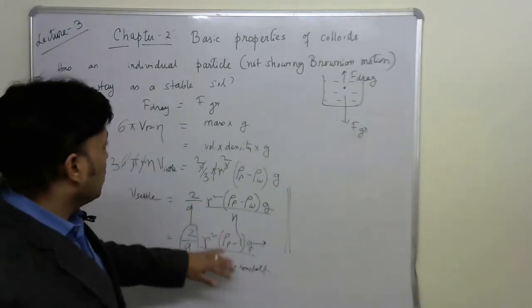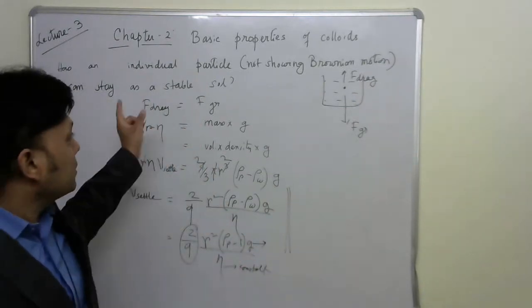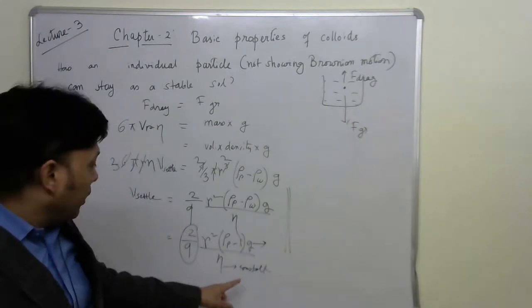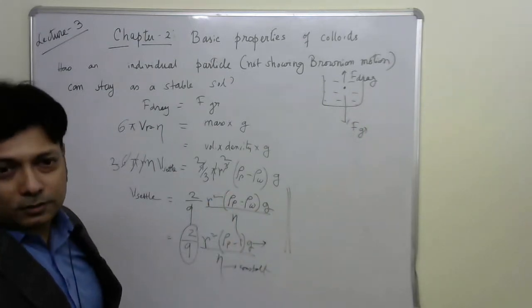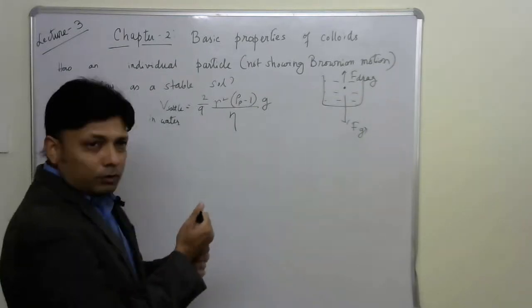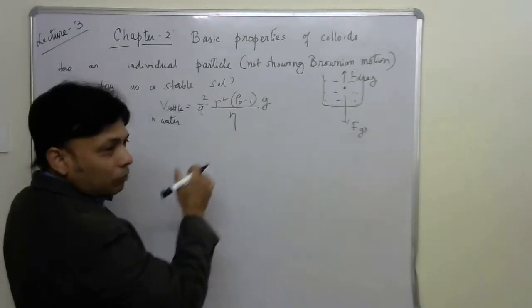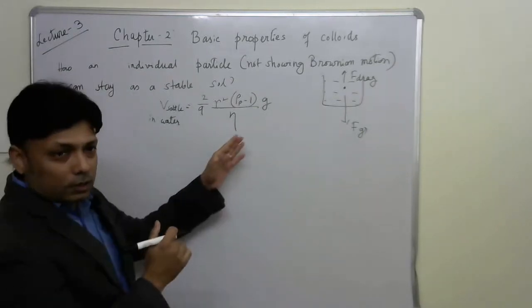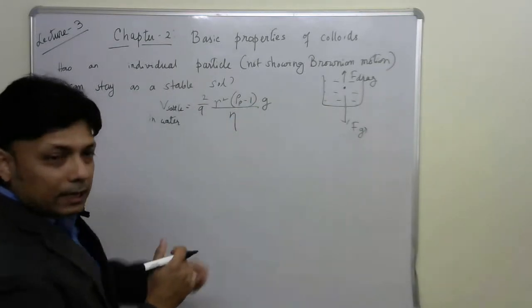So let's clean the board and write the statement directly from this equation. Now you see I have rewritten the same equation over here for water, because rho w is taken as 1.